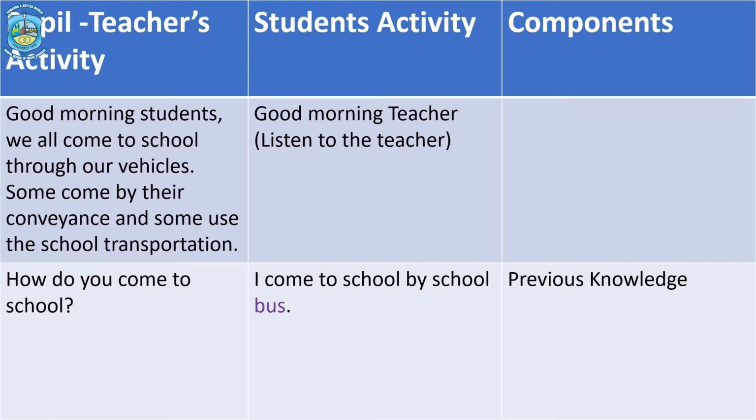Now, this is the beginning of the model lesson plan. So, it always starts with the greeting. So, here you can see that good morning students. We all come to school through our vehicles. Some come by their conveyance and some use the school transportation.